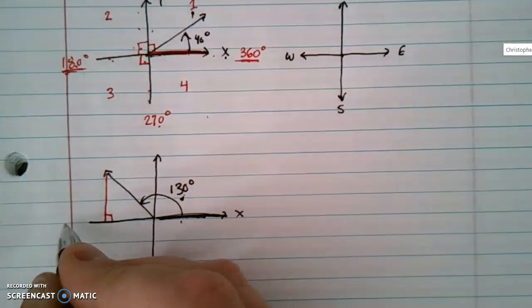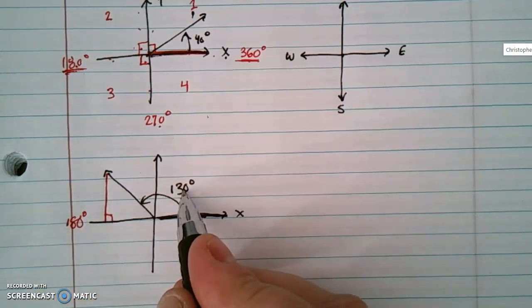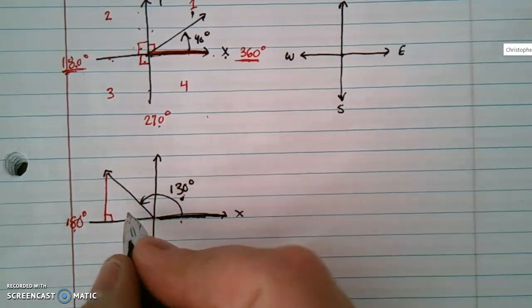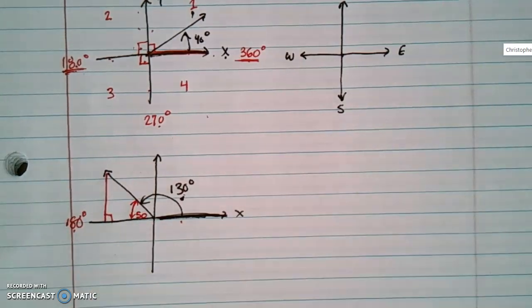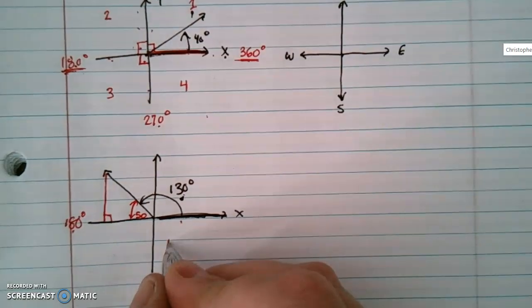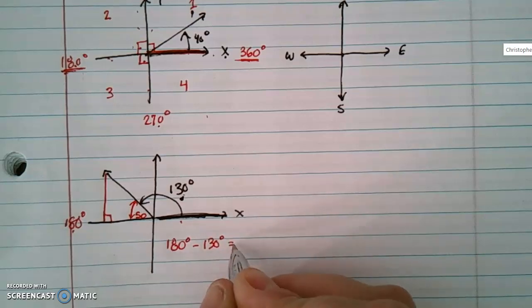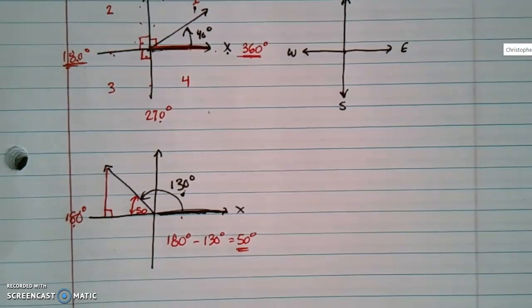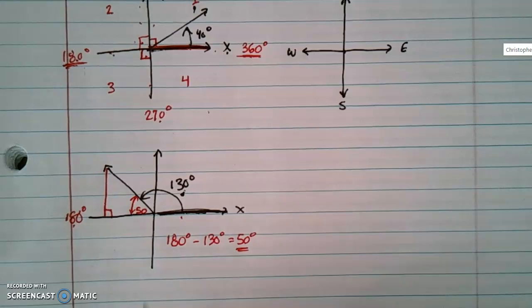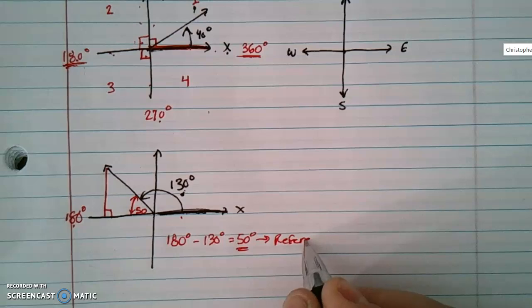Now, if this is 130 and this is 180, the angle between 130 and 180 has to be 50, because 180 minus 130 is 50. So the angle between 130 and 180 has to be 50 for the math to work. That 50 degrees is called a reference angle.